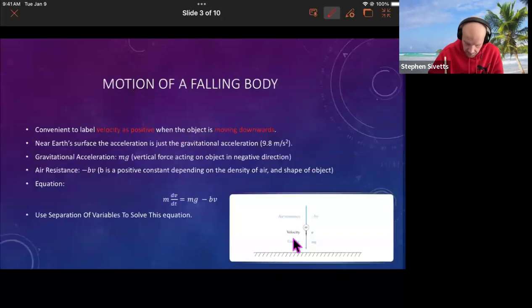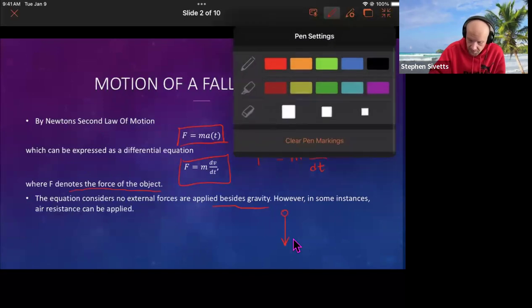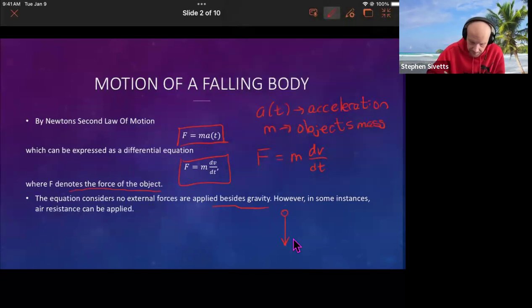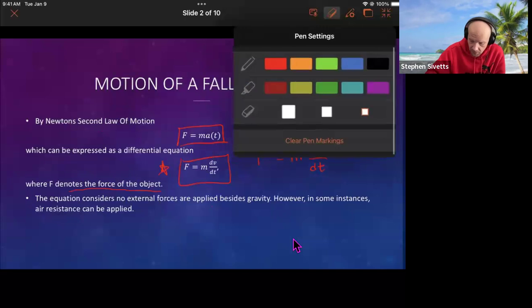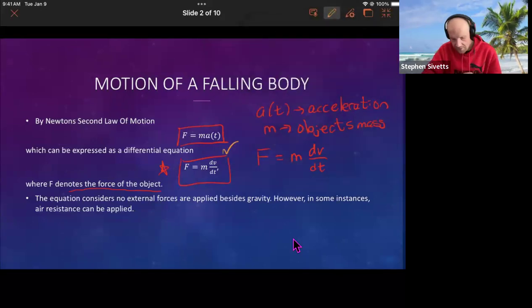So if you have an object falling towards the ground with no external forces besides gravity, this equation can be applied. But in some instances, we're going to have to take into account the object's drag coefficient and the air resistance. So this differential equation will be changed a little bit.